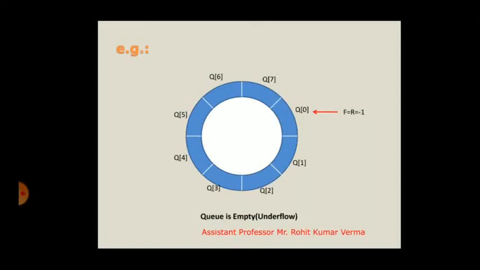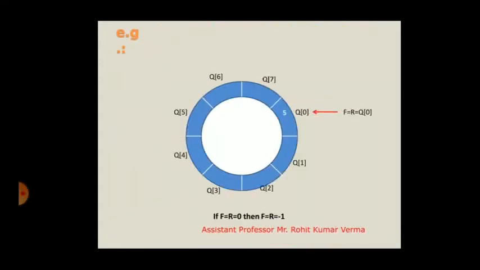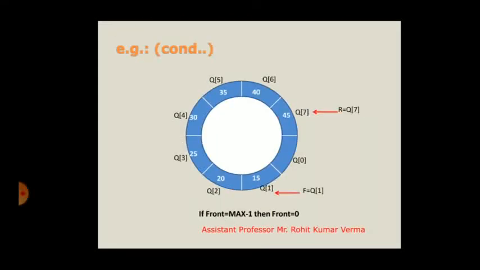Next thing that we cover, if front is equal to max minus 1, set front is equal to 0. So in this image you can see if front is equal to max minus 1, our front is at 7th location, that is the last location of the circular queue.